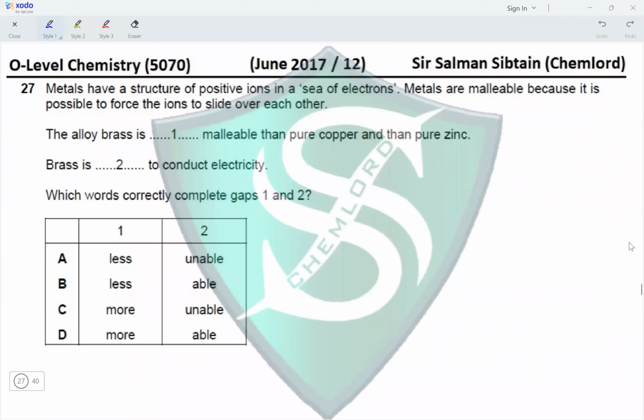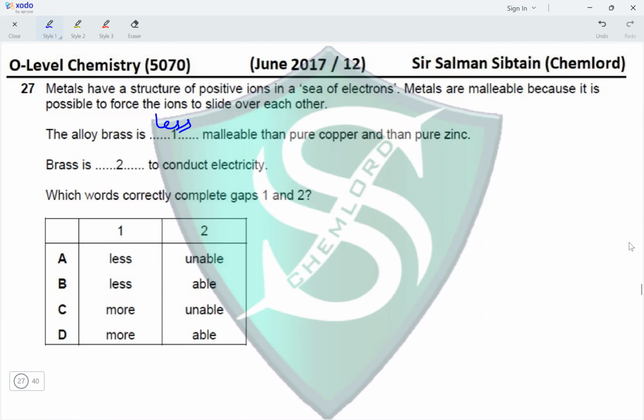Question 27. Metals have a structure of positive ions in a sea of electrons. Metals are malleable because it is possible to force the ions to slide over each other. The alloy brass is dash malleable than pure copper and pure zinc. It is an alloy, a mixture of copper and zinc, so it would be less malleable.